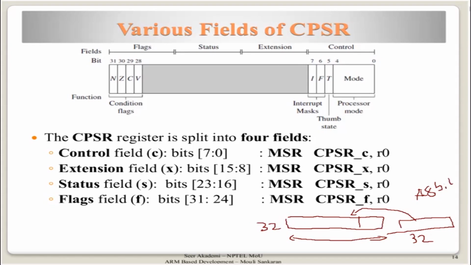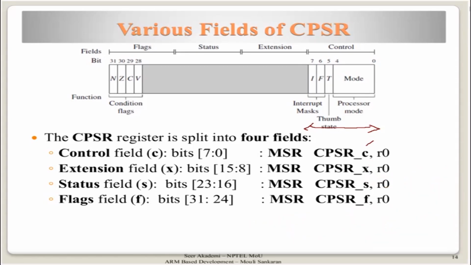This 8-bit constant can only change a maximum of an 8-bit field in the CPSR or SPSR. So that is the reason you are given an option to choose one of these fields to write to, from a register, or from an immediate constant. This is true with an immediate constant also. So you could use any of them to change the particular field of a status register. Understood? Very good.